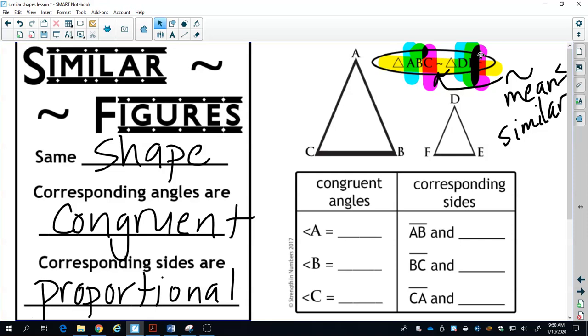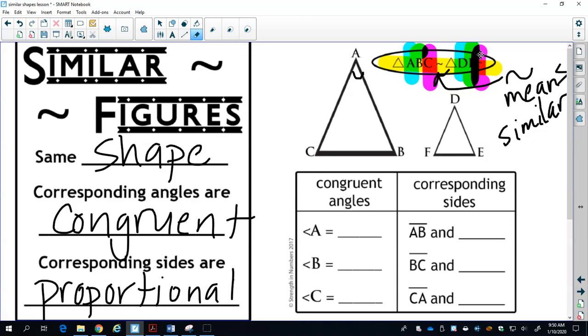Next, I want to show you how you can determine, I'm going to go ahead and erase that so we can see it, how we can determine whether the side lengths and the angles, how we can determine using symbols which ones go together. All right? So for angle A, to show that an angle is congruent, we're going to make a little curved line.